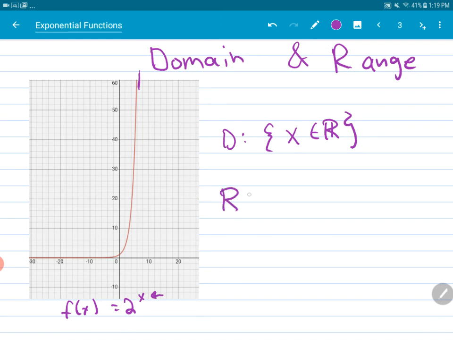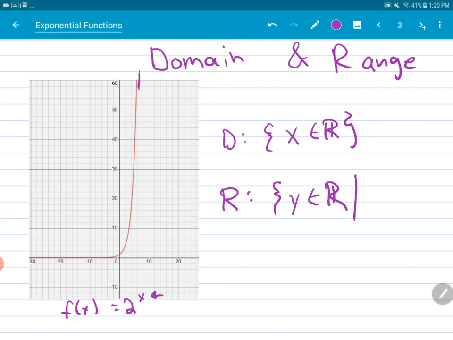Now for our range, we want to see what numbers can be produced. Is there anything that can't be produced based on this graph? By looking at the graph, we can see that everything above the x-axis is perfect. Everything below the x-axis, there is nothing. So every number above the x-axis is possible, so y is a real number.